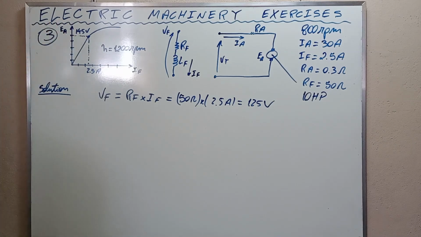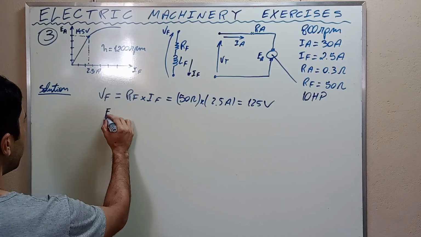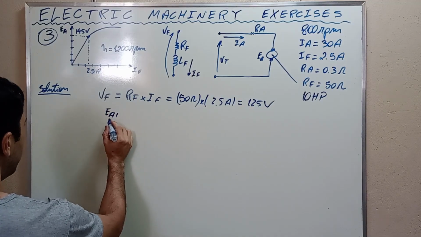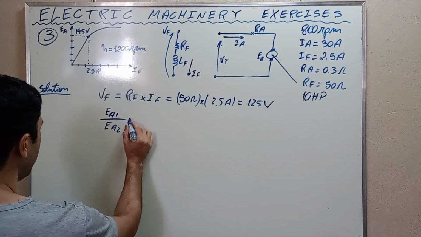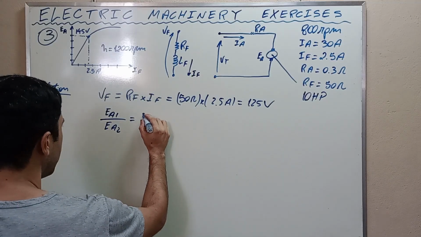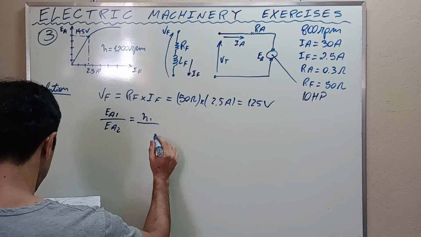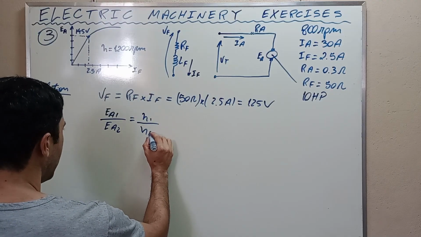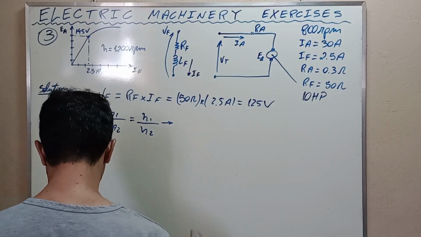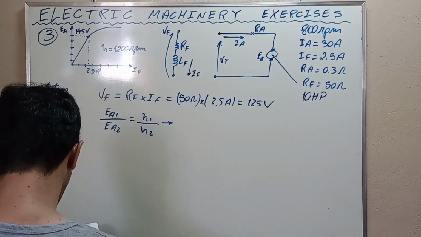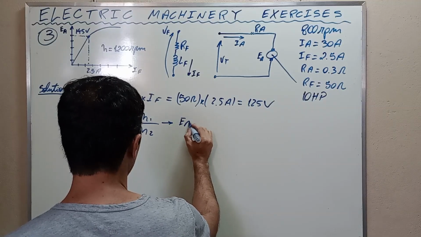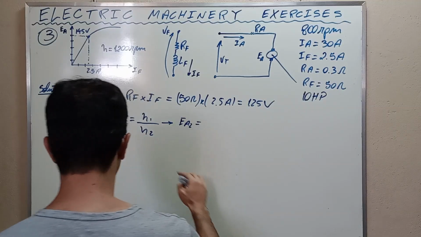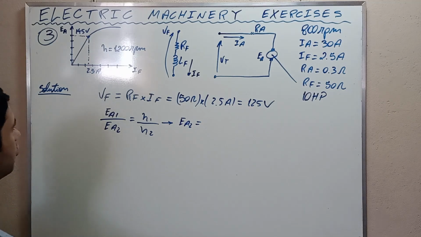If this is a linear relationship, then EA1 divided by EA2 is equal to the velocity 1 divided by the velocity 2. And solving for EA2, we find that EA2 is equal, we just substitute the values, okay?